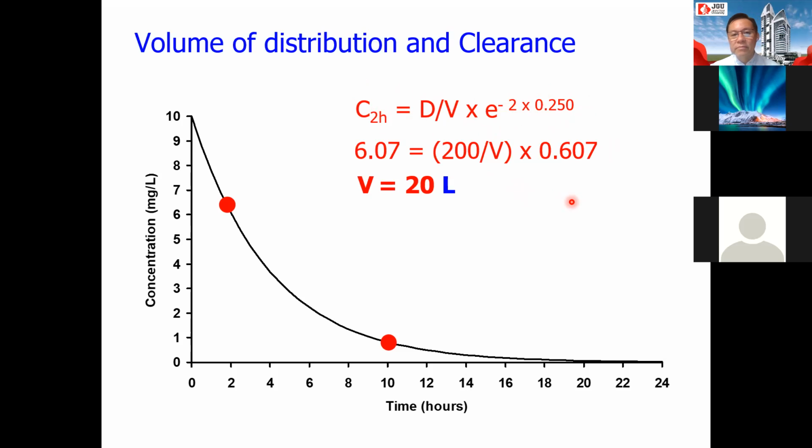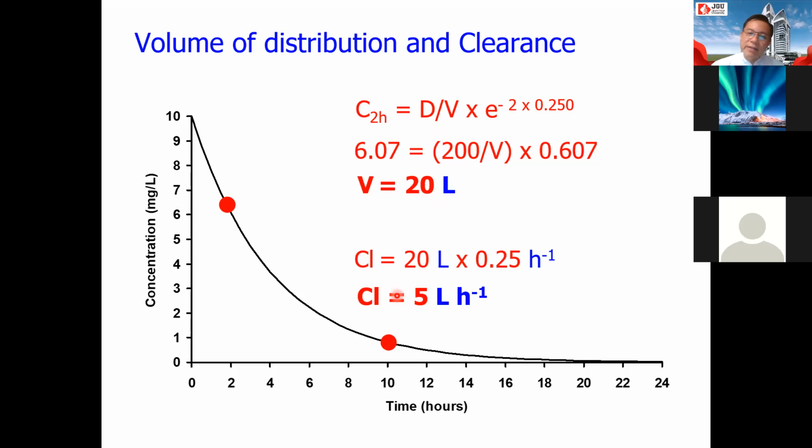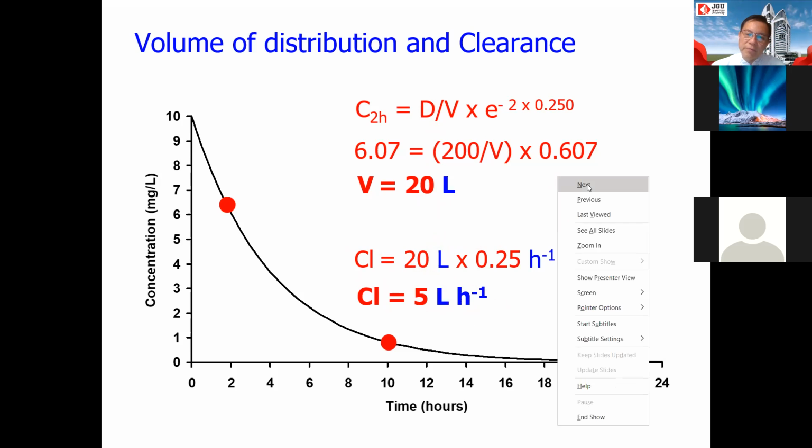So how about the half-life? Half-life later. Just now we got the Vd, so if you want to get the clearance, remember clearance equals Vd times K. So now you have the clearance as well.